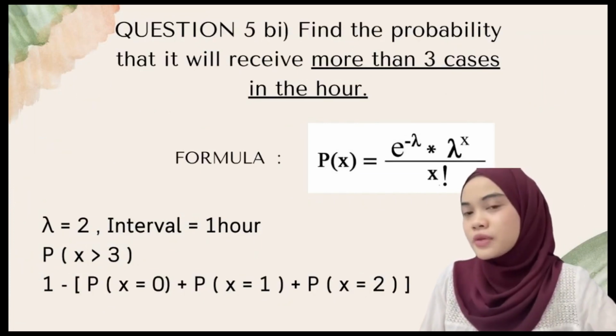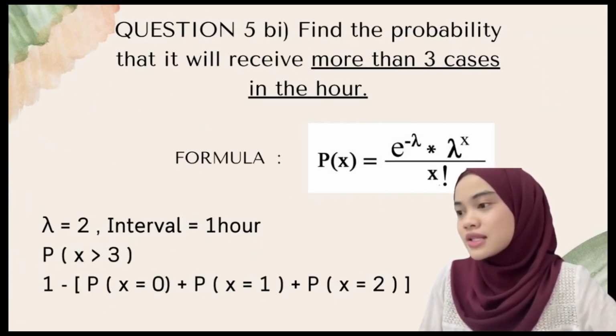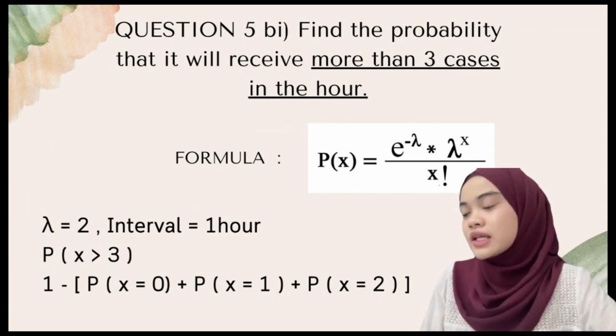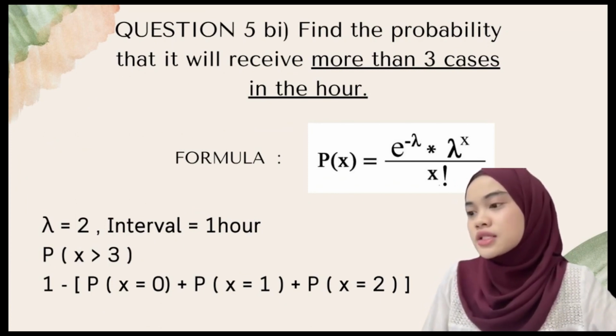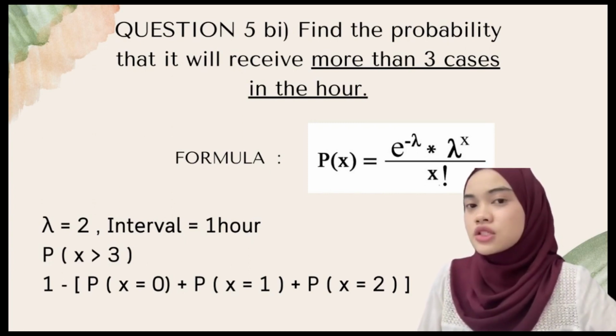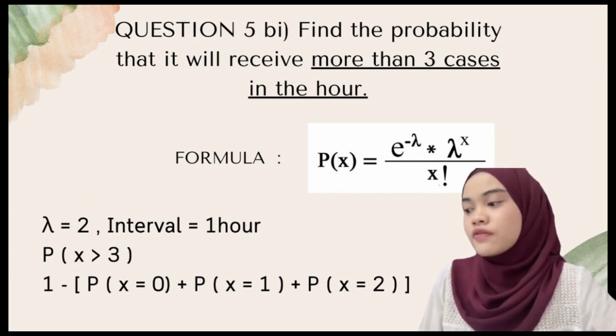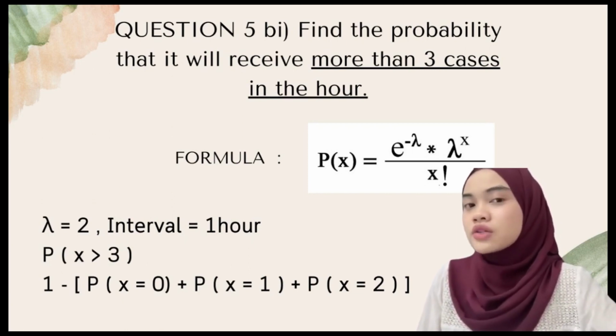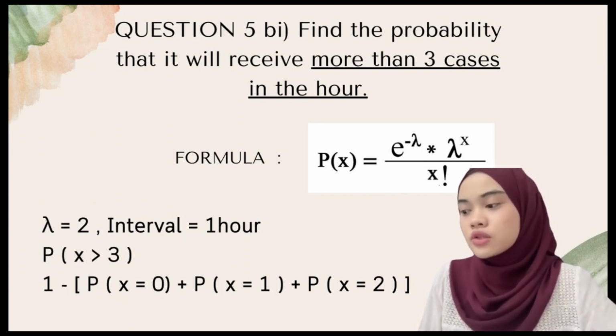From question 5b1, it is asked to find the probability that it will receive more than 3 cases in the hour. So, by using the Poisson distribution formula, we find out that lambda is equal to 2, interval is equal to 1 hour. So, more than 3 cases in the hour means probability of x more than 3.